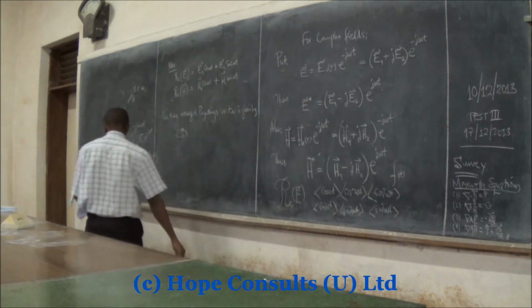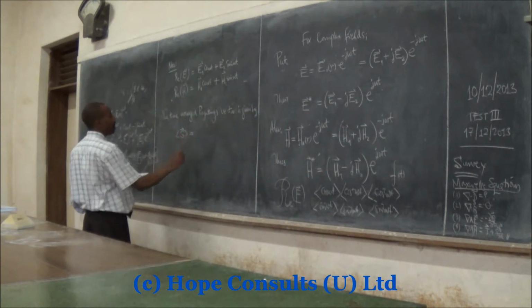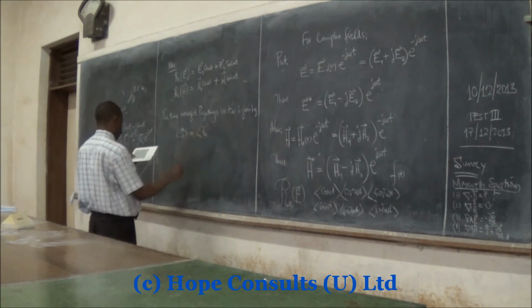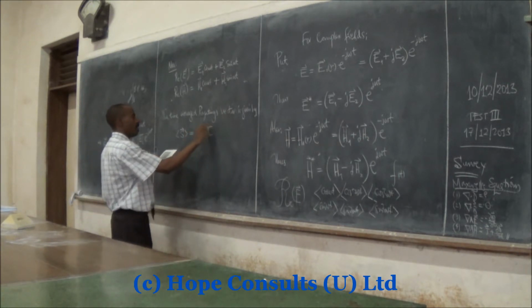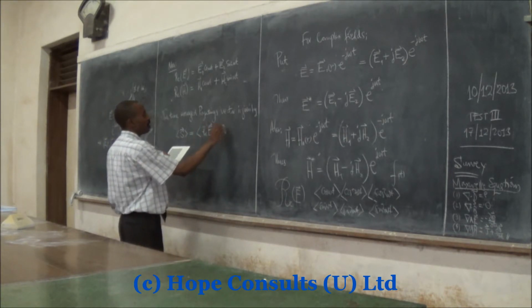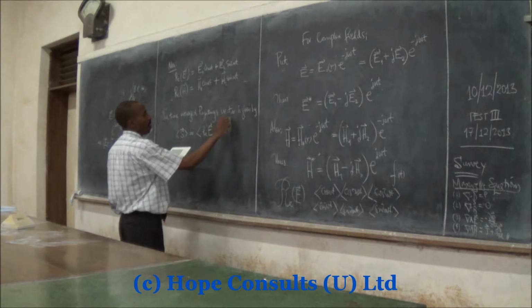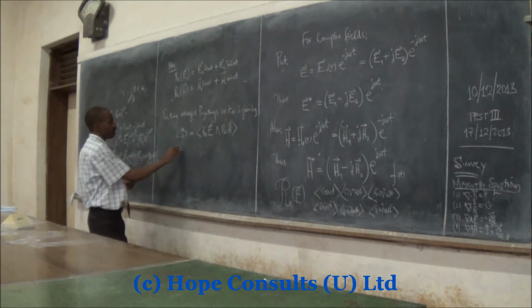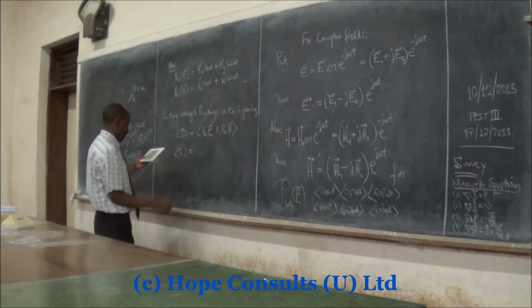So if you can have that flashback, the formula for this would be the average value of the real of E crossed with the real value of H. And this would give rise to S being the same as a half.